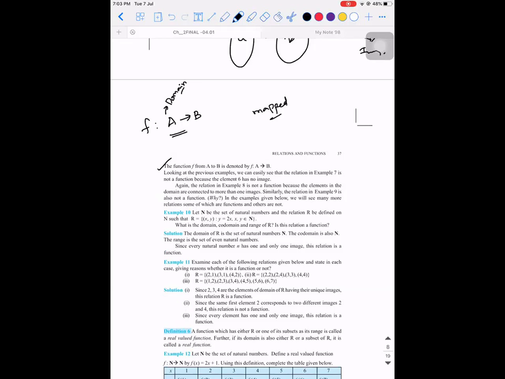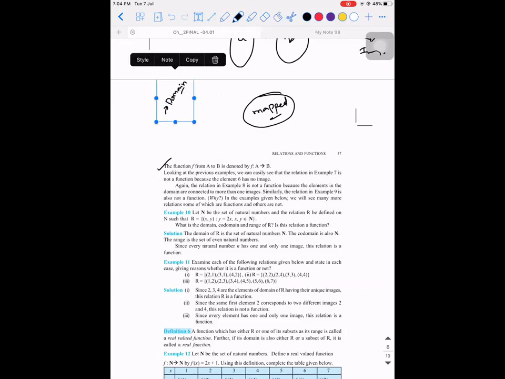Mapped. Now is it clear? Yes, sir. Now I'm saying f is mapped from A to B, where set A is the domain set and set B is the range set. This part I will teach you slowly. So we'll go slowly.